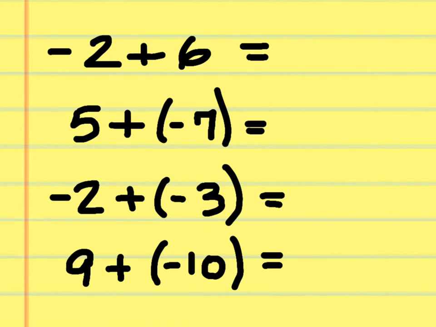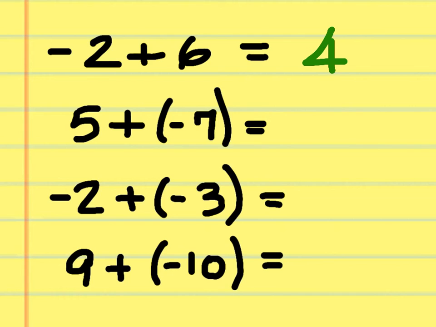All right, the first one goes to Maynard. What is -2 plus 6? Answer is 4, right. Mackenzie, what's 5 plus a -7? It's not going to be 2. Porter, what should it be? 5 plus a negative 7. It's not going to be 1.